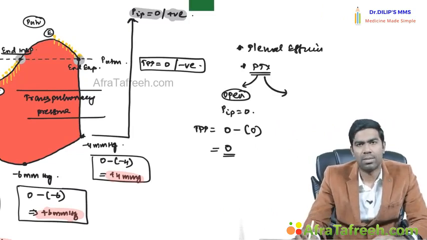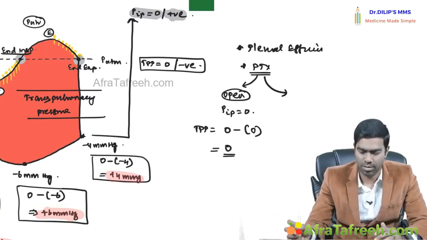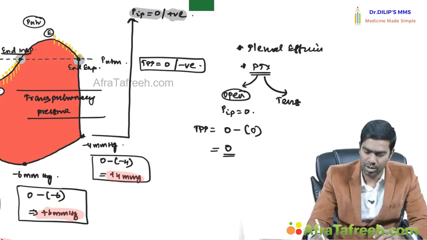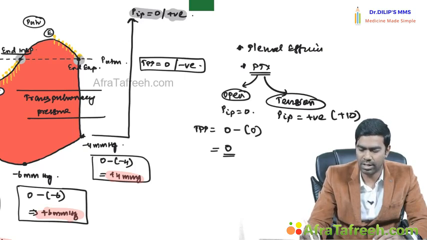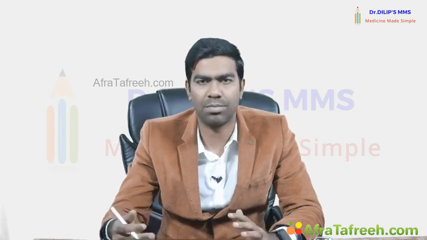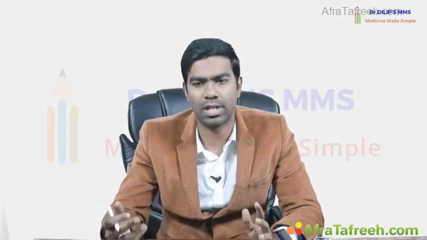When can the transpulmonary pressure become negative, or the intrapleural pressure become positive? This can happen in a tension pneumothorax, where the intrapleural pressure will become positive. Maybe let us assume 10 in this example. This is only an arbitrary example, I am not telling the exact value. In tension pneumothorax, it's not communicating with the atmosphere. The air keeps on accumulating in the pleural space, increasing the pleural tension and intrapleural pressure.